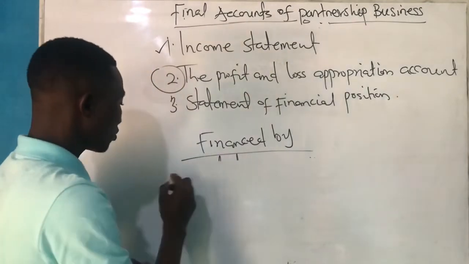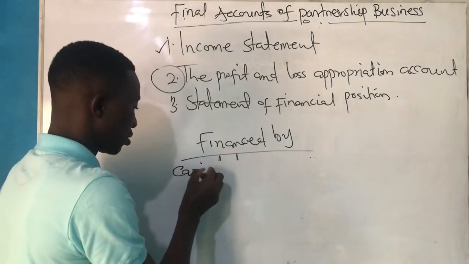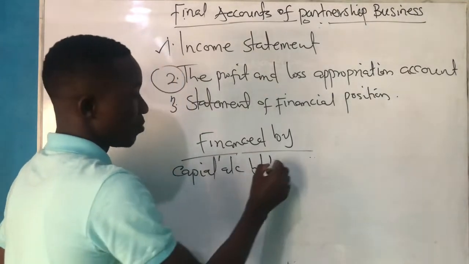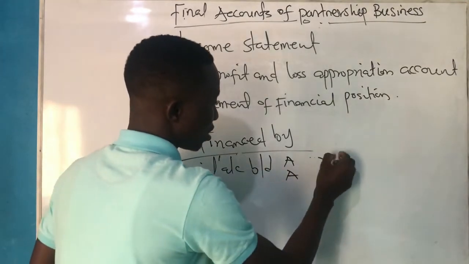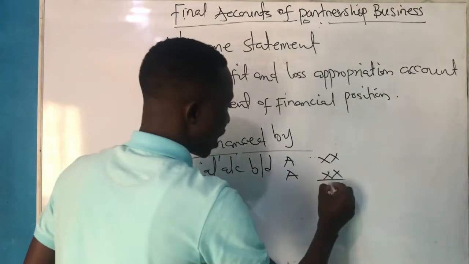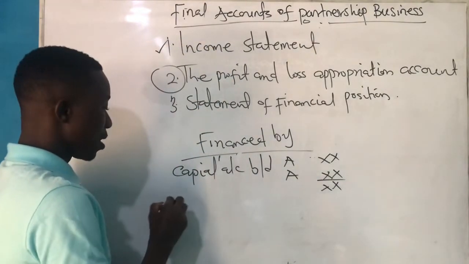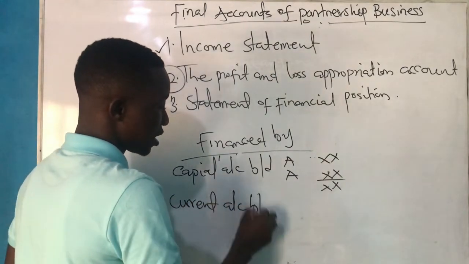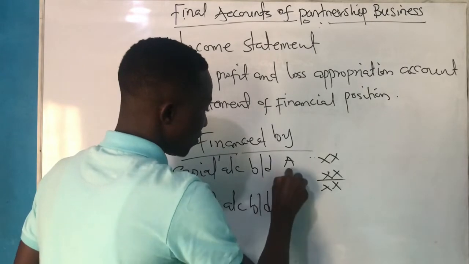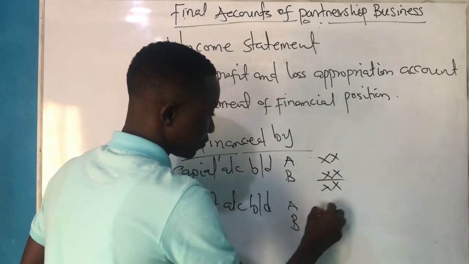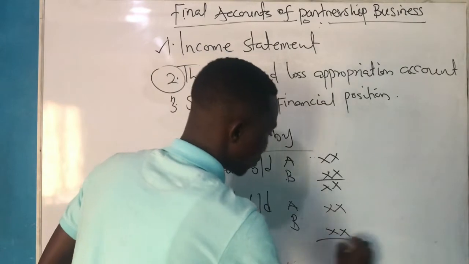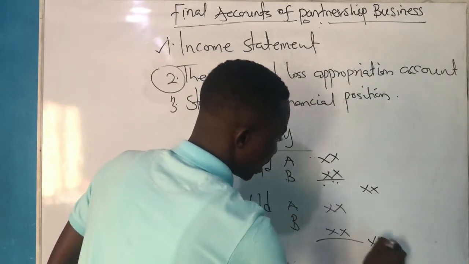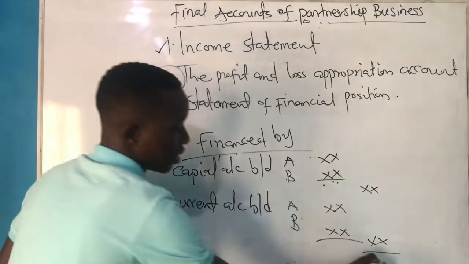We have the capital account balance, that is the balance brought down, maybe partner A and partner B. Then we have the total of the capital account and probably the current account balance for partner A and partner B. Then we bring the total, so this total will be here, this one will be here, to get the total capital balances.